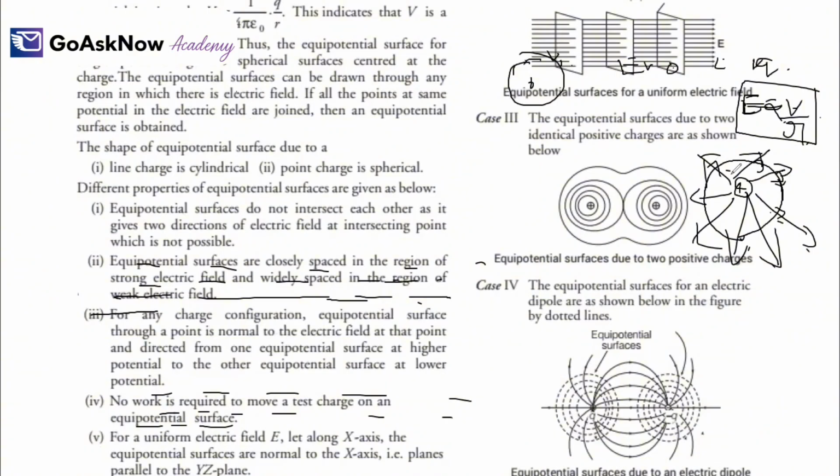And also you can observe that the equipotential surfaces are directed from higher potential to lower potential. Okay, like if you have electric field lines like this only, and you have equipotential surfaces like this.